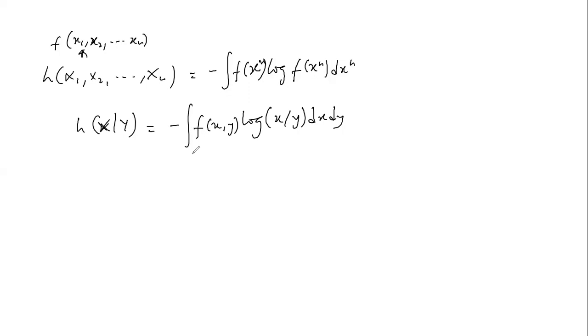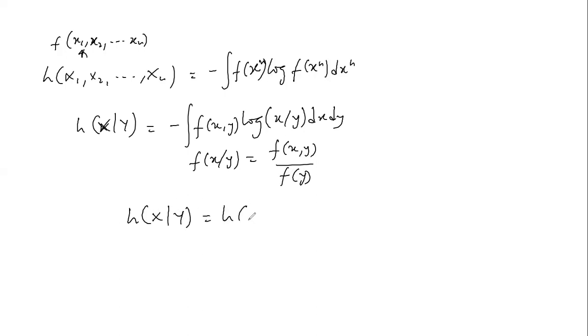And we already know from Bayes' theorem that the conditional distribution is the ratio of the joint distribution divided by the distribution of Y. And then by chain rule, this is given as the joint entropy minus the output entropy.